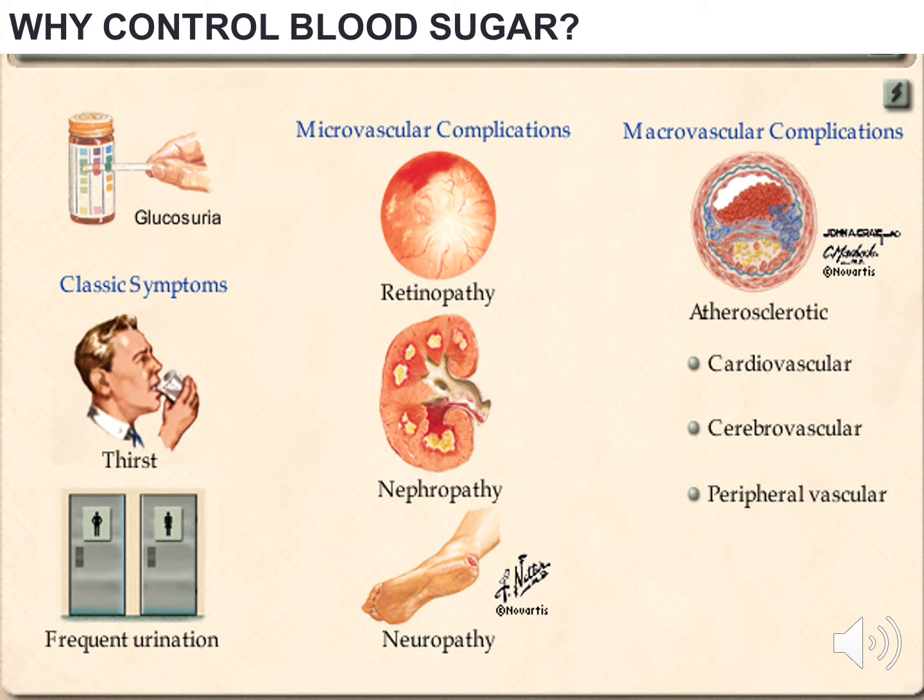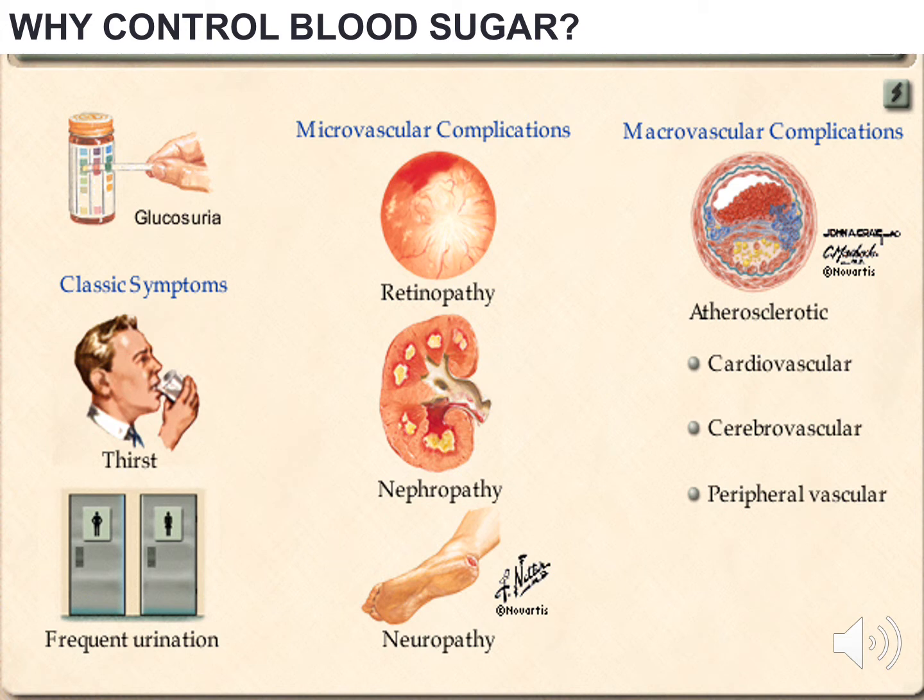You also urinate a huge volume of urine, and that's called polyuria, or frequent and voluminous urination. That's the first of the three P's: polyuria, polydipsia, and polyphagia.